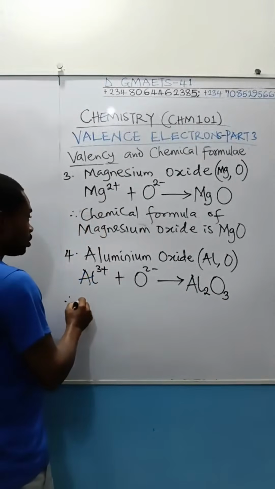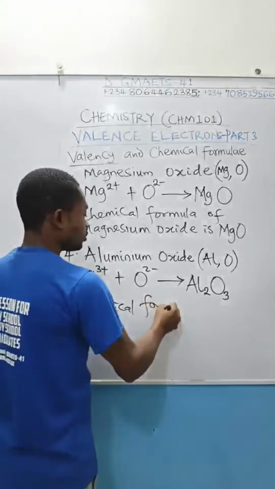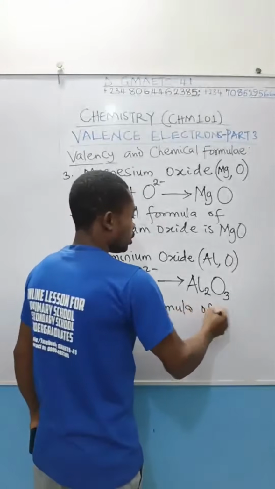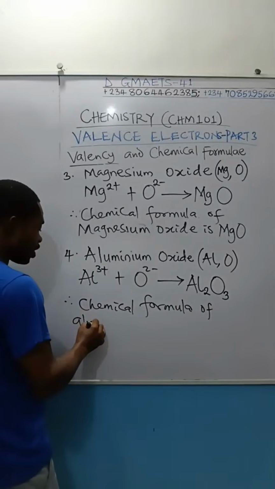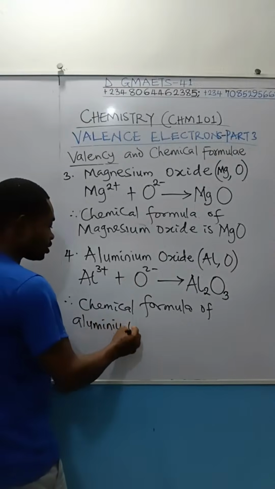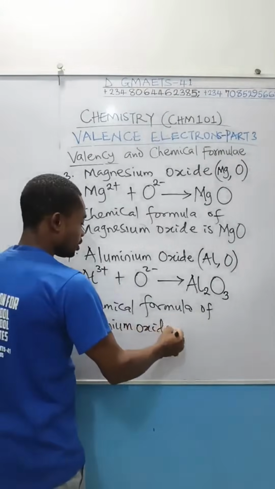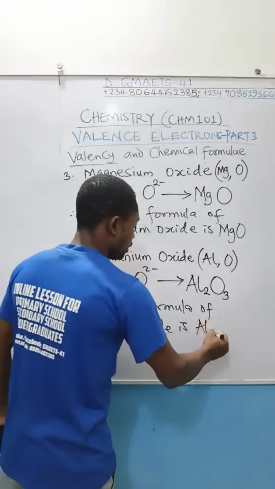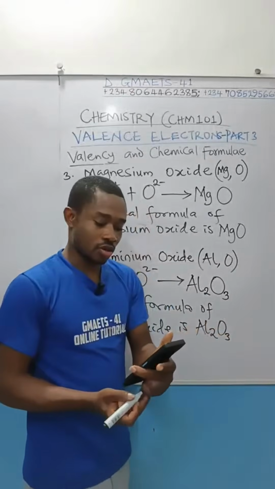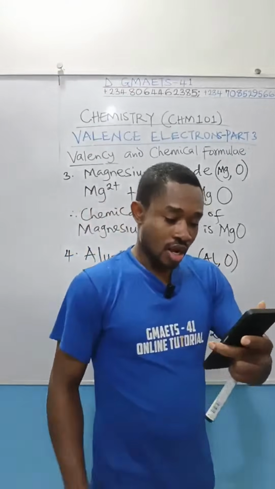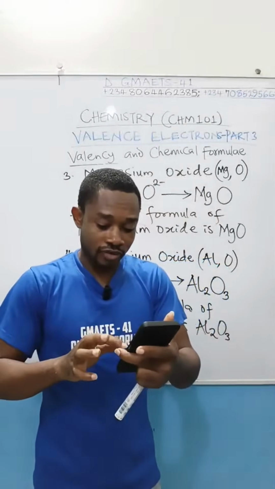Therefore, the chemical formula of aluminium oxide is Al2O3. Take note of that. Al2 and then what? O3. That's the correct chemical formula of aluminium oxide.